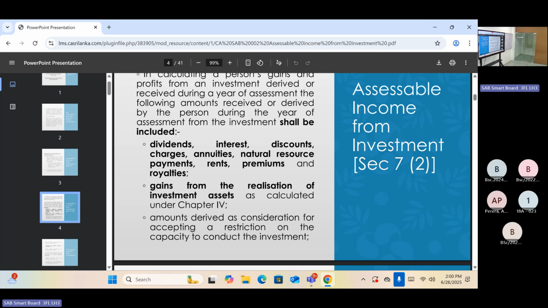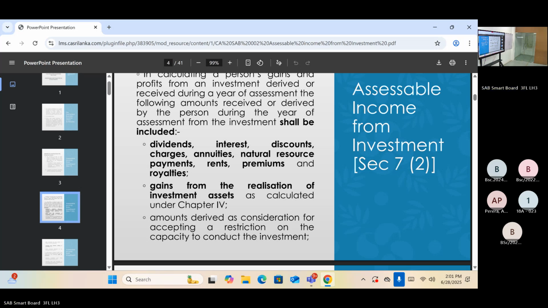The income owner's contribution is higher in business compared to investment. Dividend, interest, discount, annuities, natural resource payment, rent, those types of income are passive income. That means the owner's contribution is very little compared to business and employment.